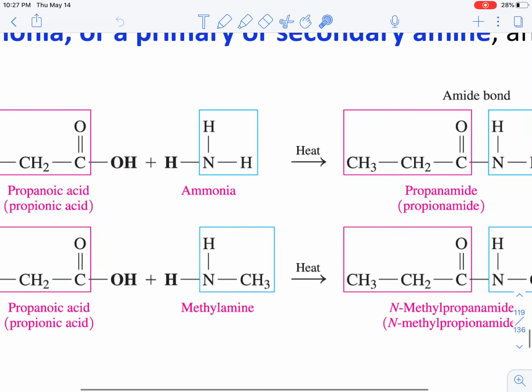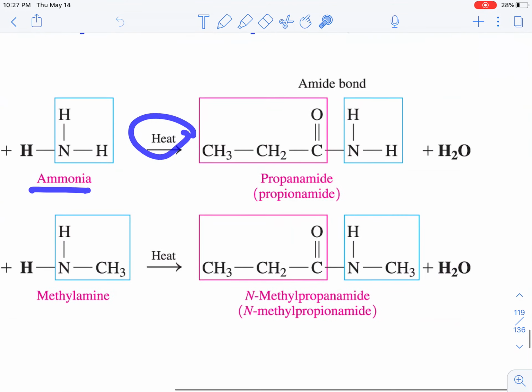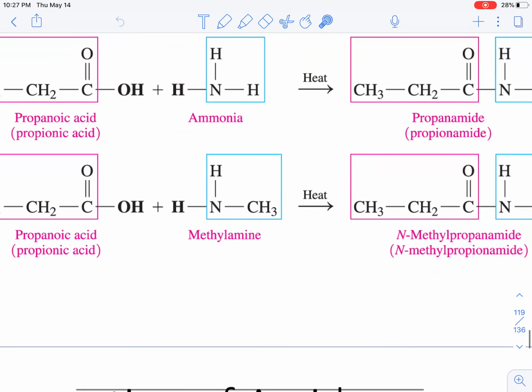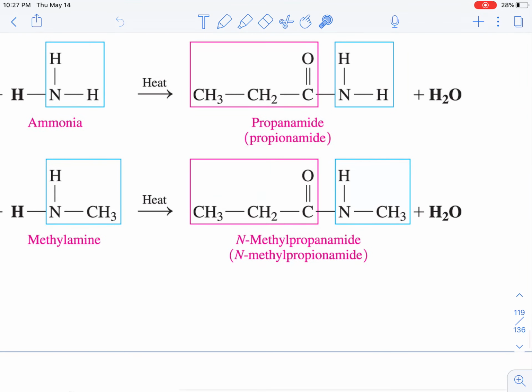That's our recipe: if you have a carboxylic acid and ammonia and you treat it with heat, you will get a primary amide. Now, if you react a primary amine, such as methylamine, with a carboxylic acid, what you get is a secondary amide.